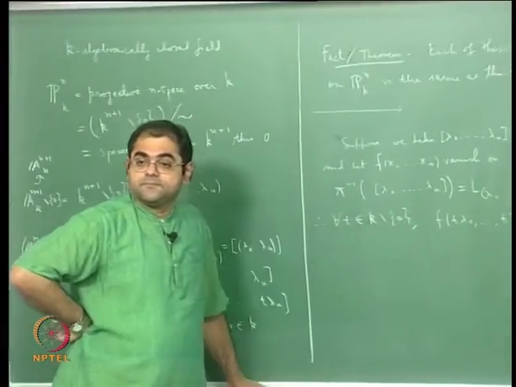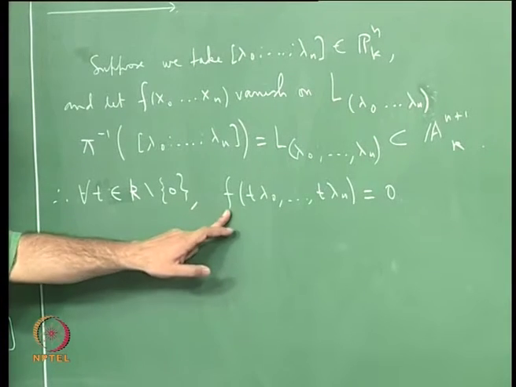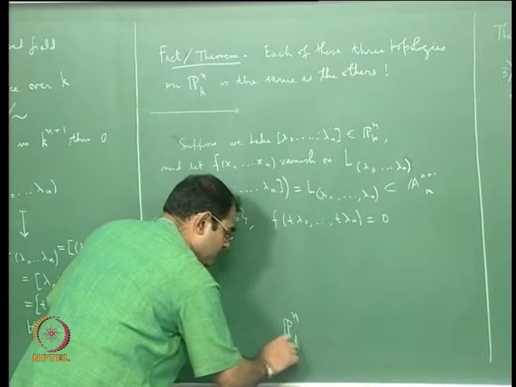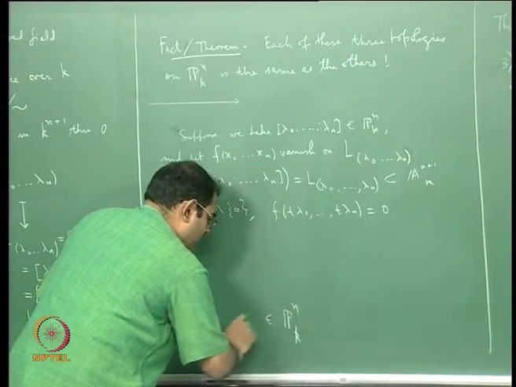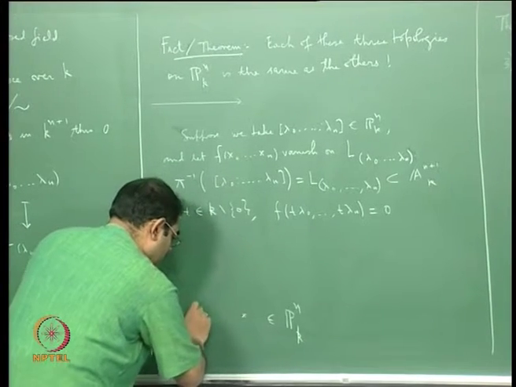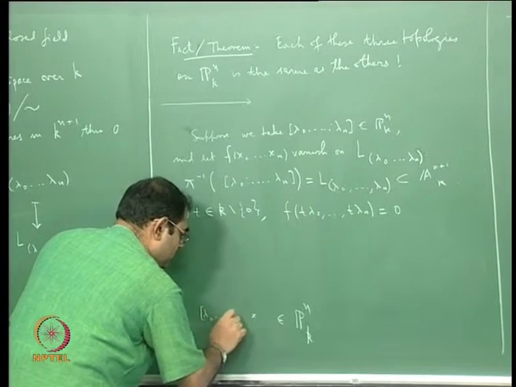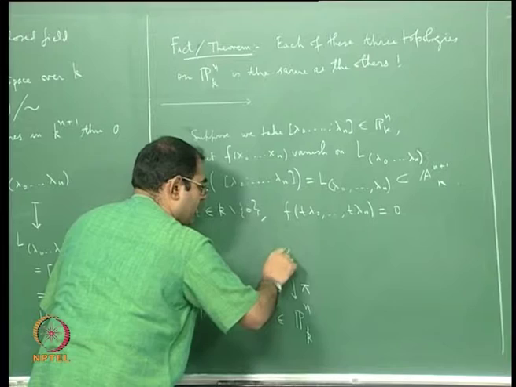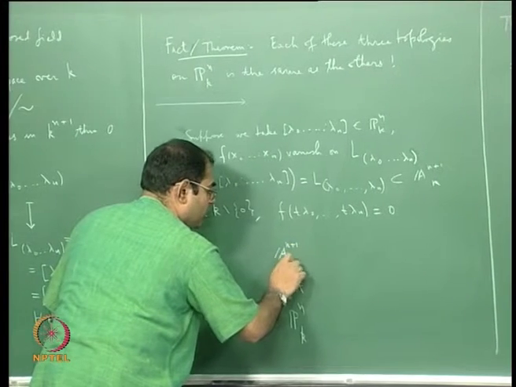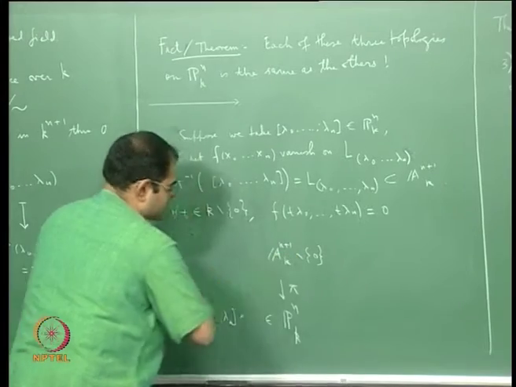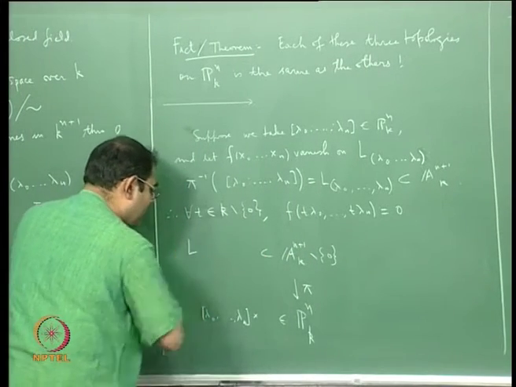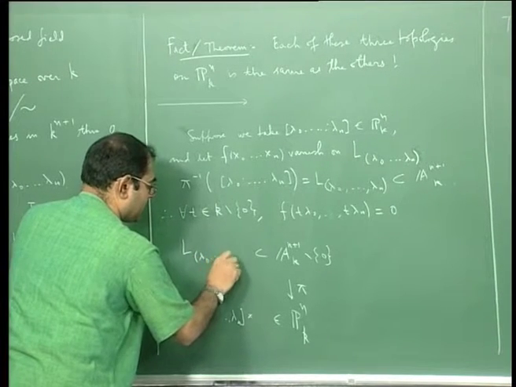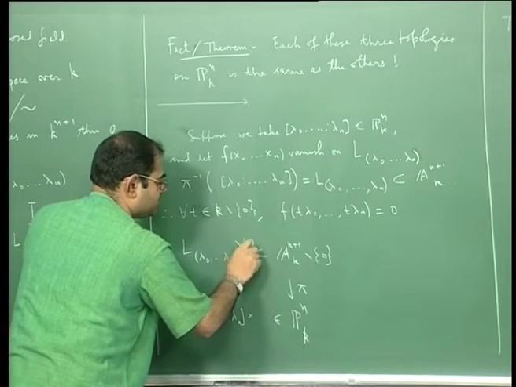This should happen because, if I draw a diagram, here is my projective space, and I have taken a point here with homogeneous coordinates lambda naught through lambda n, and under this map pi I go to the punctured affine space above. What I get is the line through lambda naught through lambda n, minus of course the origin.